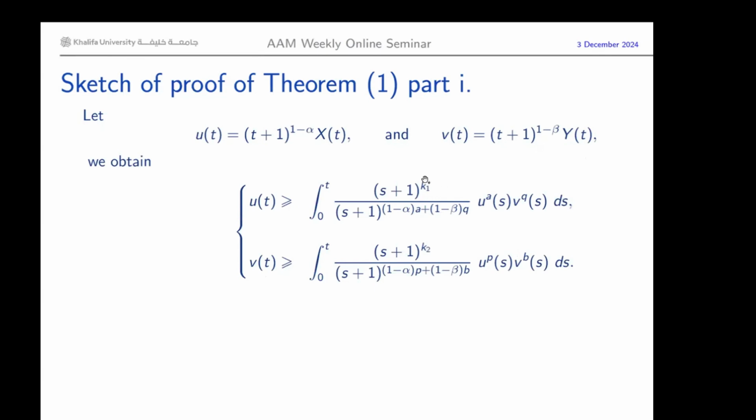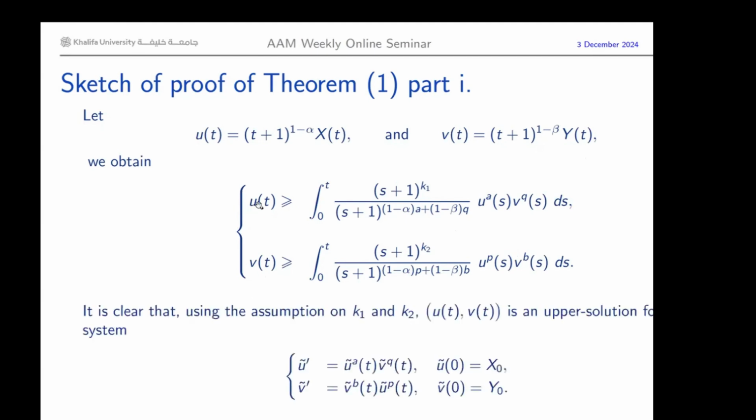Now, by our condition on K1 and K2, we see that our solution to the fractional differential system is actually an upper solution of the solution of the following classical order system, which we know from our preliminary analysis blows up in finite time.